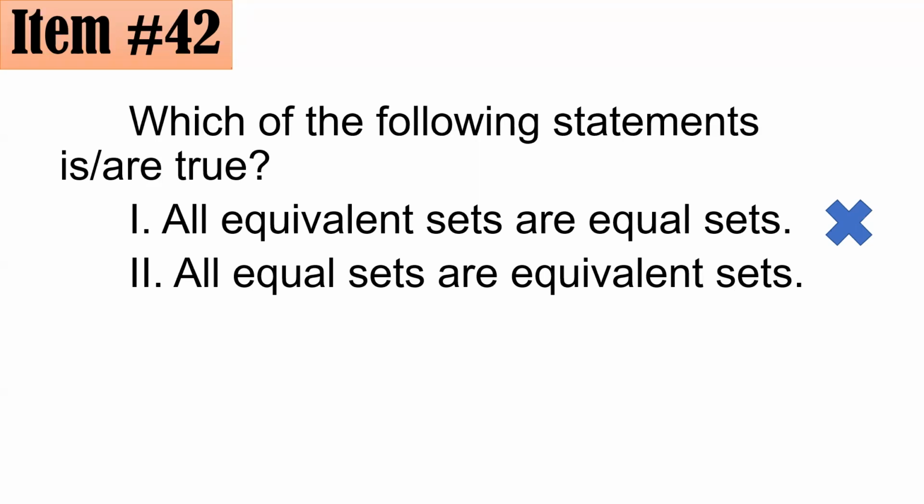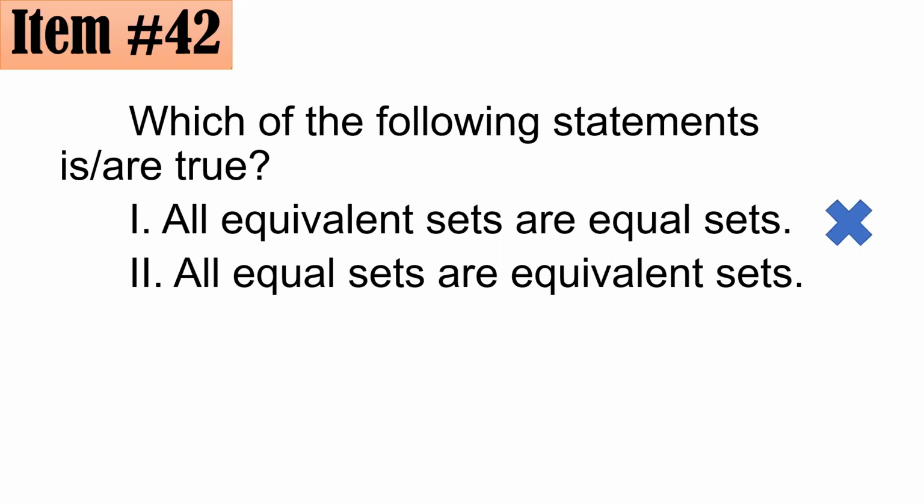So, hindi sila equal. Halimbawa, yung isang set, yung elements niya 1, 2, 3. Yung isang set naman, elements niya A, B, C. So you see, equivalent silang dalawa kasi meron silang tatlong elements, but they are not equal because their elements are different.